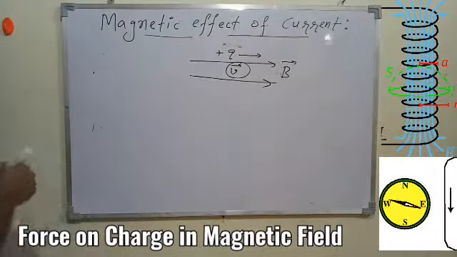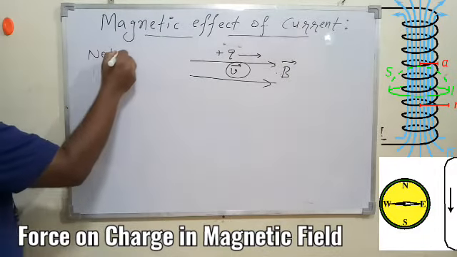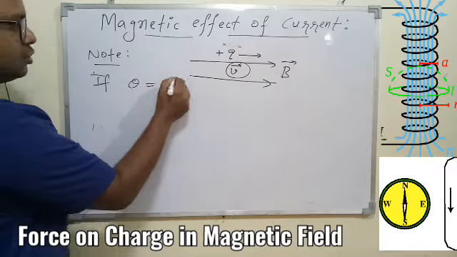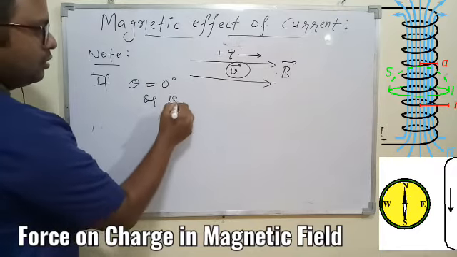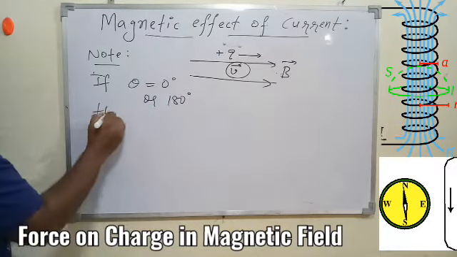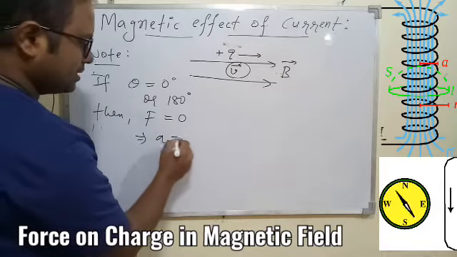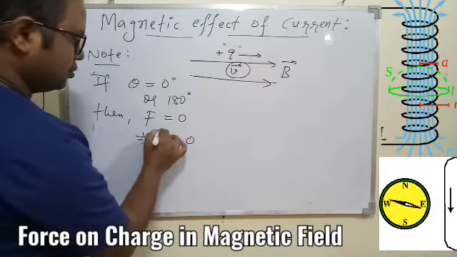So we can simply write down in the note: if theta is 0 degrees or 180 degrees, then F is equal to 0, which means acceleration is 0.